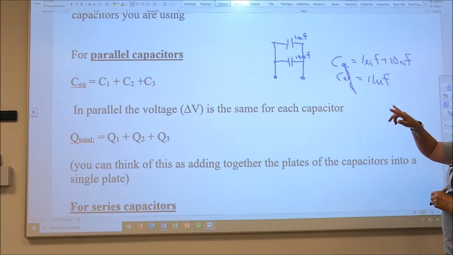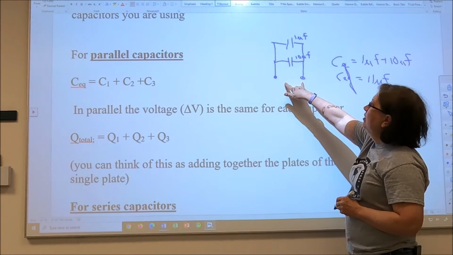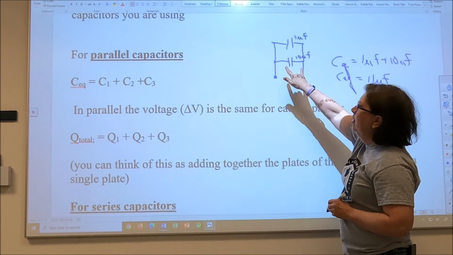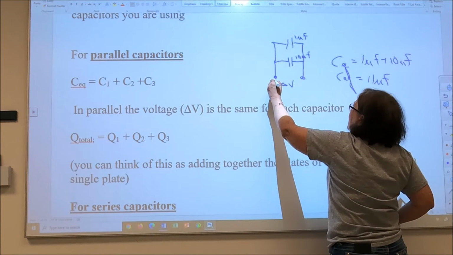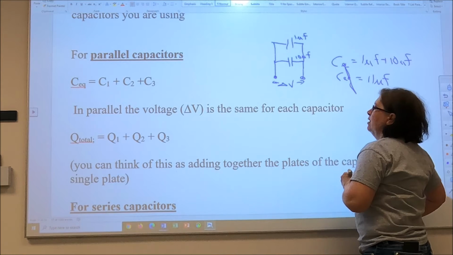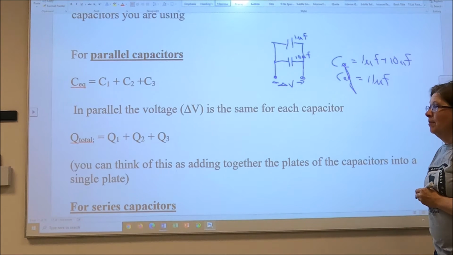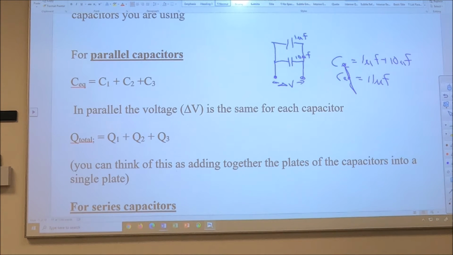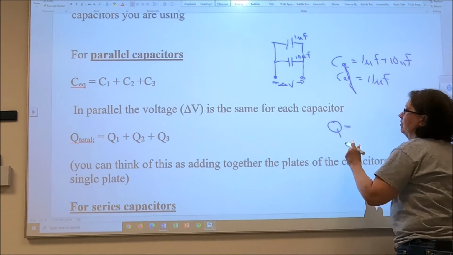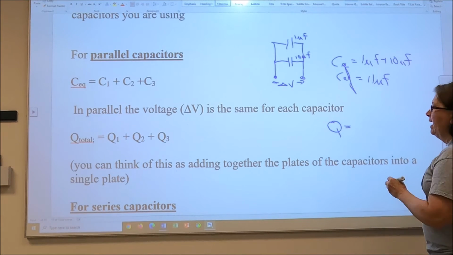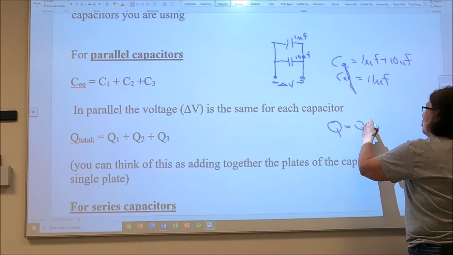Now, when these two capacitors are in parallel with each other, delta V between those two points is going to be the same. They've got the same voltage. And the total charge separated is the sum of the charges.